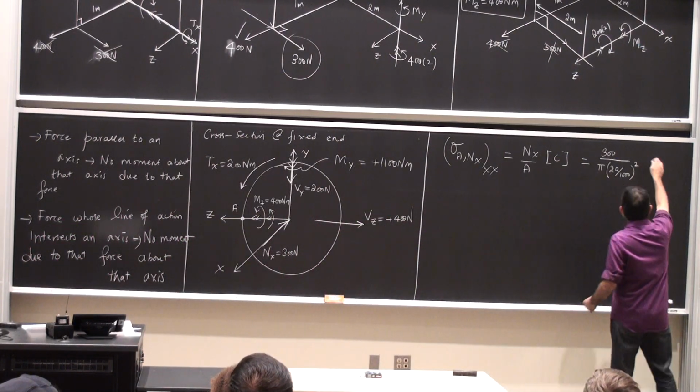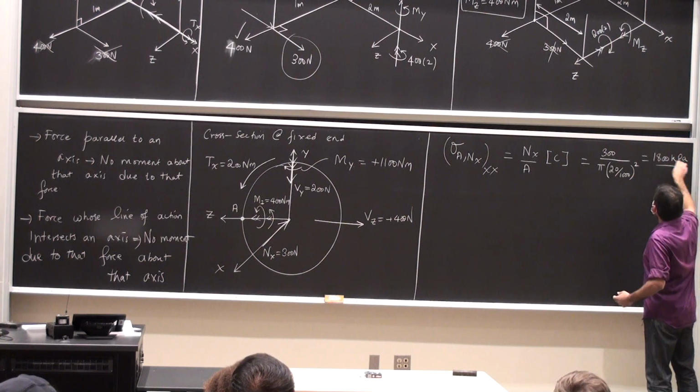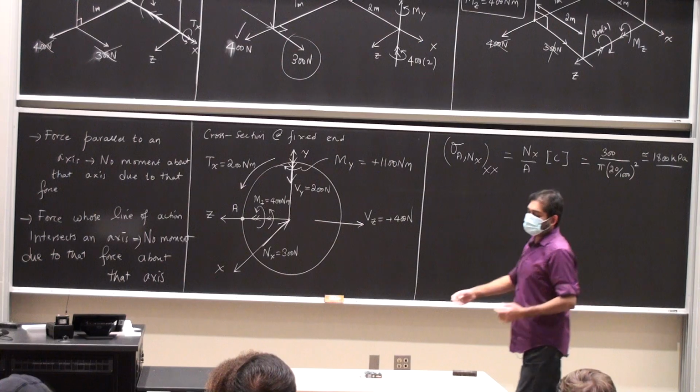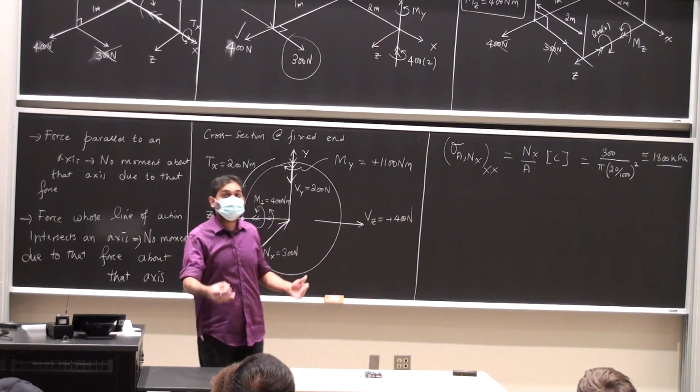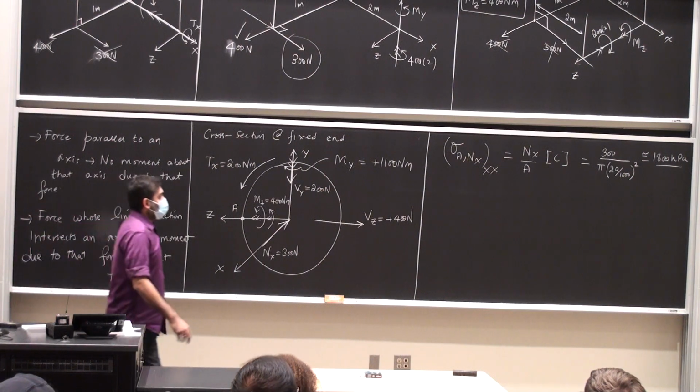It's around 1800 kilopascals. Okay, so if you see decimals, it is okay to round it out because you always have this factor of safety. There are so many factors of safety layered into every bit of calculation in mechanics. And this is compressive.